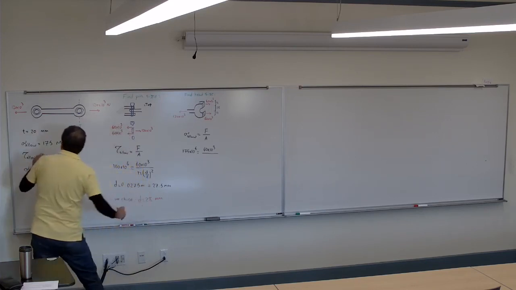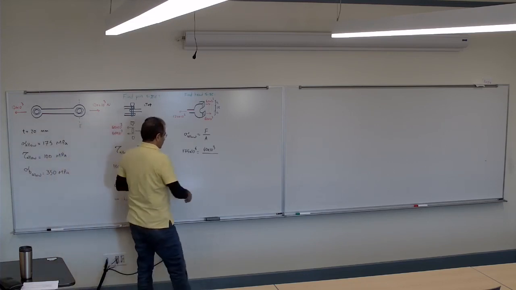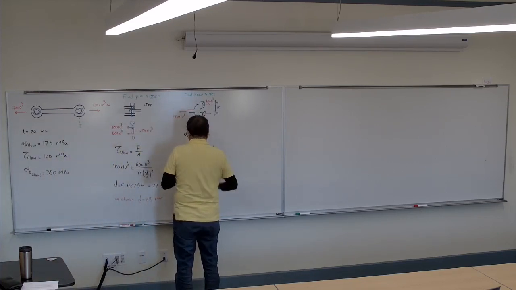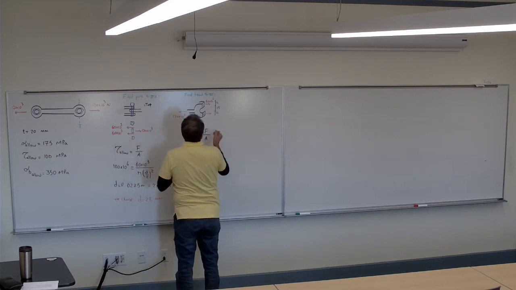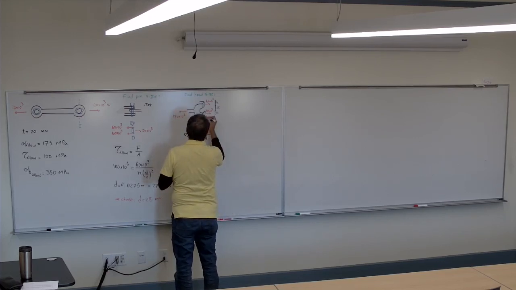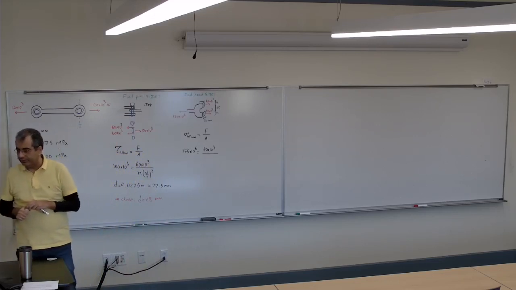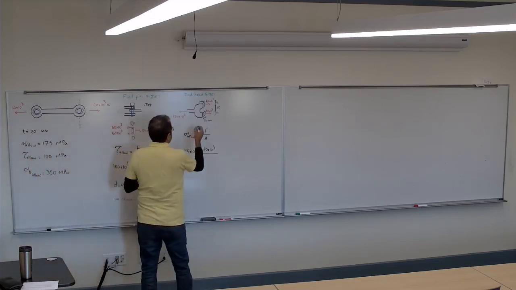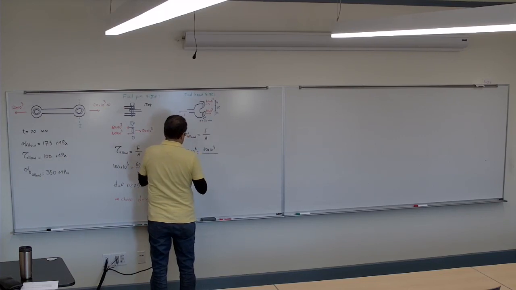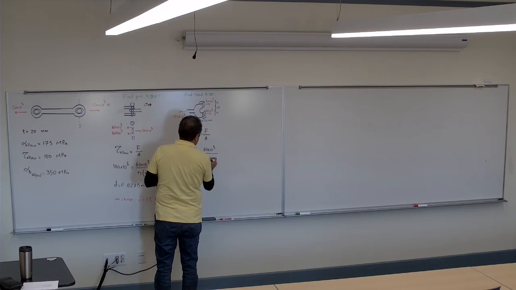The thickness is 20 millimeters, so it's always 20 millimeters. Let me write it up here: 60, and the thickness here is 20 millimeters. So the area is basically T times A, correct?